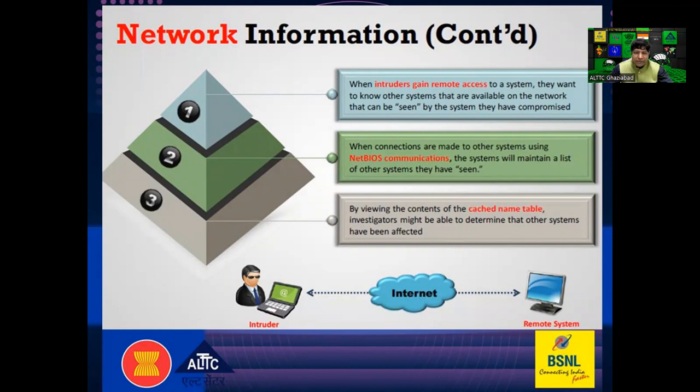When connections are made to other systems using NetBIOS communication, the system will maintain a list of other systems they have seen. Third, by viewing the content of the cache's name table, the investigator might be able to determine that other systems have been affected. So this introduces internet and remote systems.